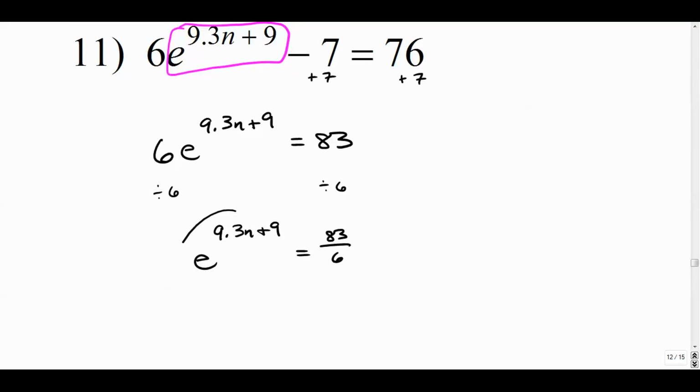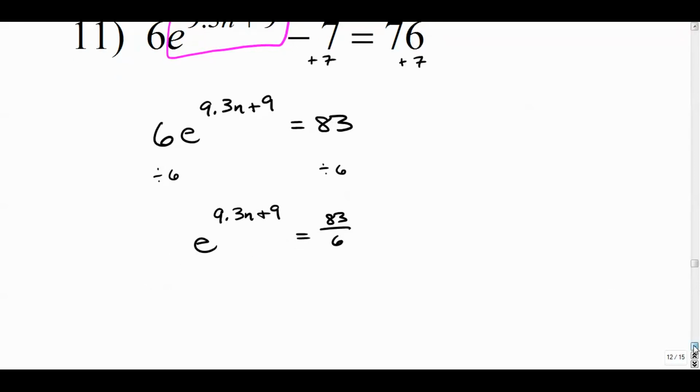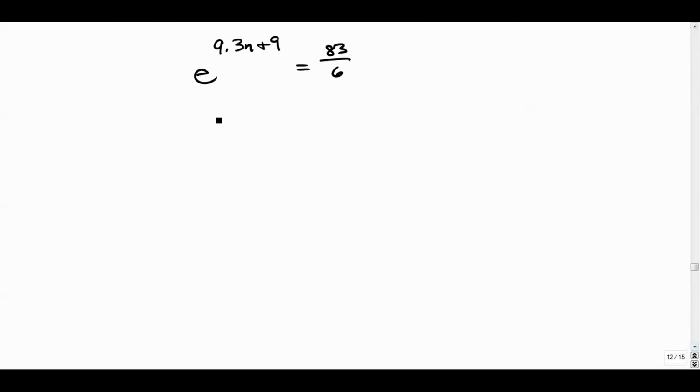Once you have that thing isolated, all we need to do is get that variable out of the exponent. To do that, you have to take the appropriate logarithm of both sides, and the appropriate logarithm is going to be log base of this number. Log base e is actually ln, as you know. So let's take the natural log of both sides.